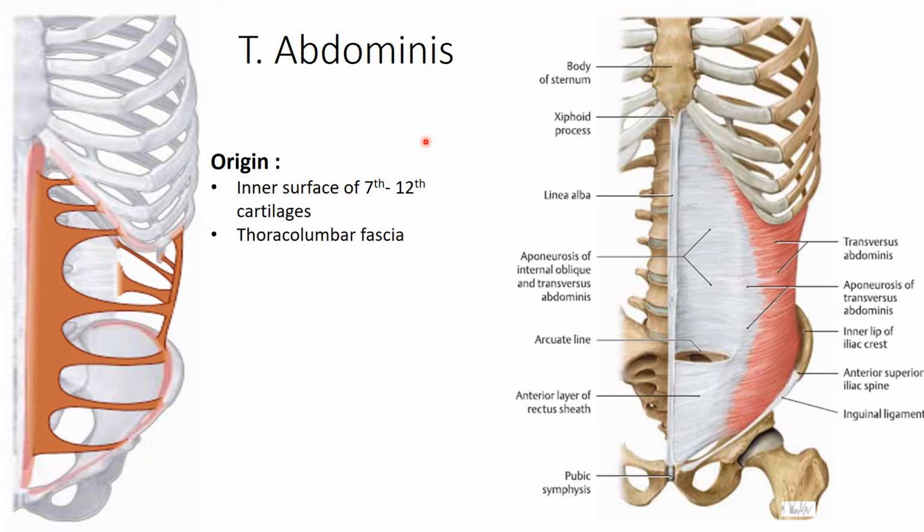From the 12th rib below, it arises from the posterior layer of the thoracolumbar fascia. Then, in continuity, from the inner lip of the anterior two-thirds of the iliac crest up to the anterior superior iliac spine, and then from the lateral one-third of the inguinal ligament.